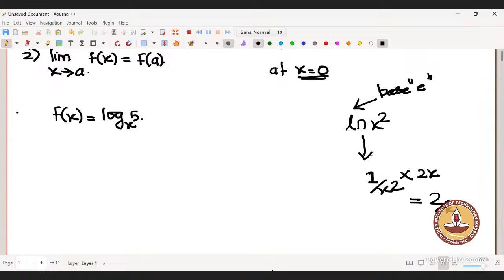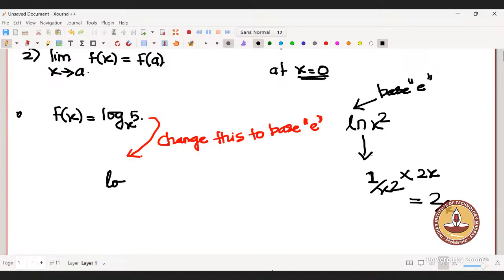Now the problem with this log is that it is not in the form of base e, right? So what you can do is change the base.